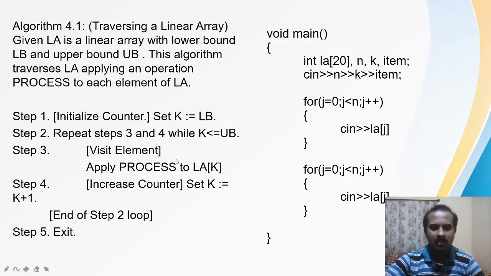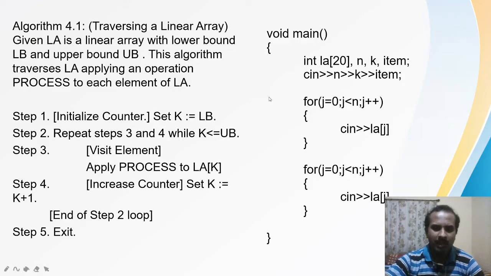This is the algorithm for traversing of the array, and I have already mentioned traversing, that means you are processing every element of the array at least once, or you are visiting every element of the array at least once. So when I say process here, it can be anything, whether you are deleting, inserting, accessing, or displaying.